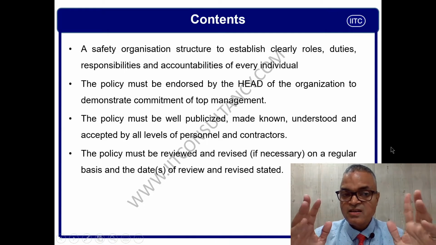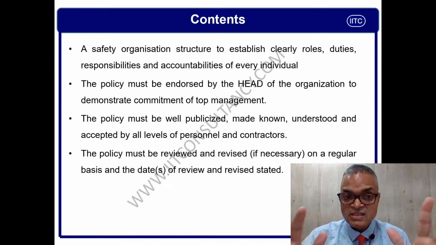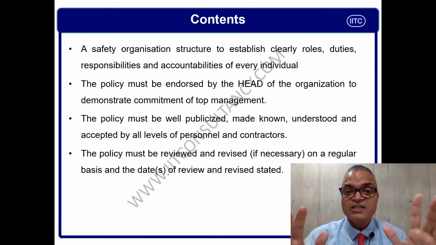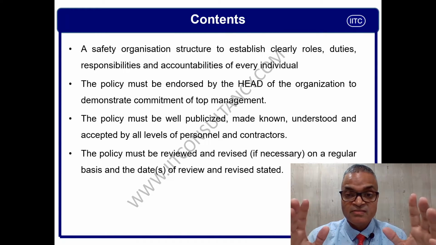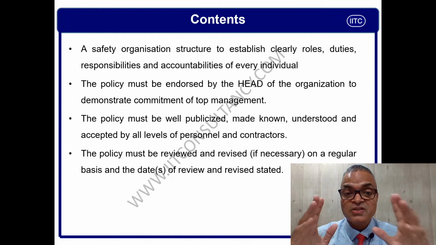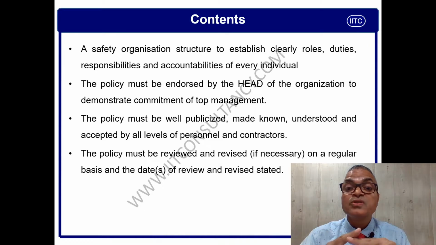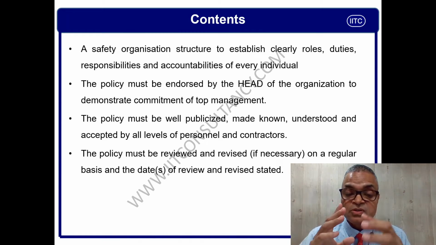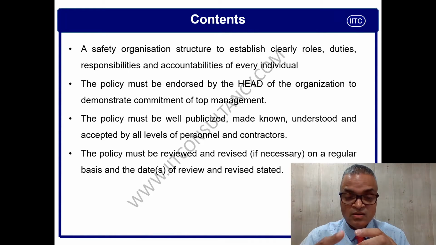Once the safety policy has been drafted, agreed, signed and validated, it must be publicized. It must be known to everyone, and understood by all levels of people, including contractors. In the safety policy there is an objective, a goal, a target, and a mechanism of organization structure.